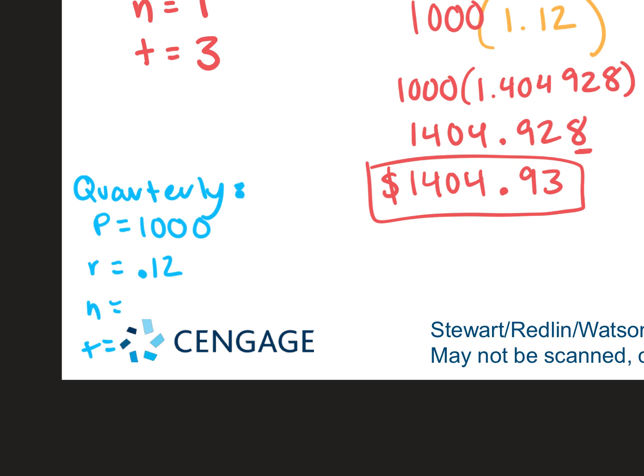What's the N? 4. Quarterly is 4 times a year. And what's T? 3. We're talking about 3 years. So let's plug that into our formula. We have A is equal to 1,000 times 1 plus 0.12 over 4 to the power of 4 times 3.